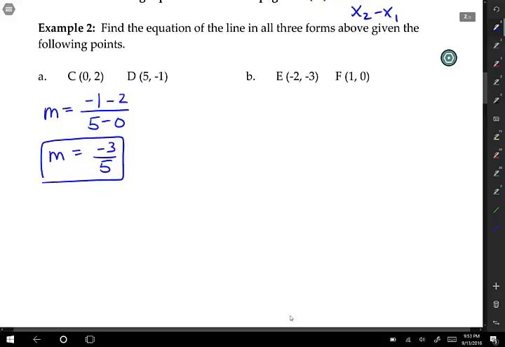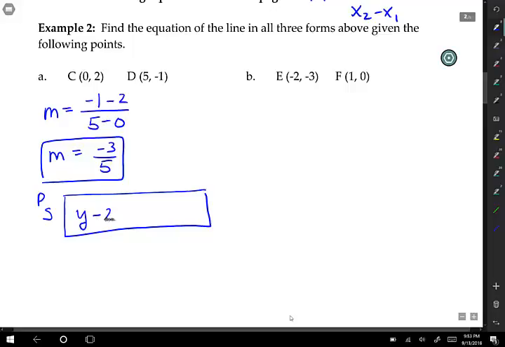The first thing we're asked to do is find all 3 forms. Let's find the easiest one first, which is point-slope form. Point-slope form, really, we're just going to plug in our values. We have 2 options for an answer. The first option will be y minus 2 equals negative 3/5 times x minus 0.